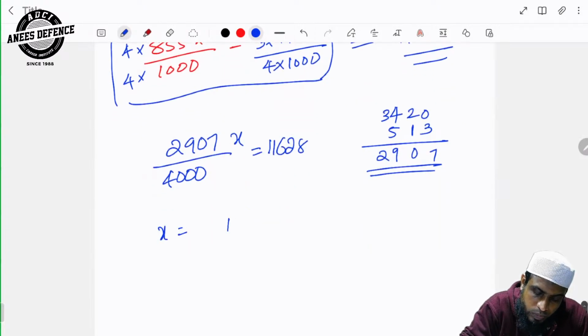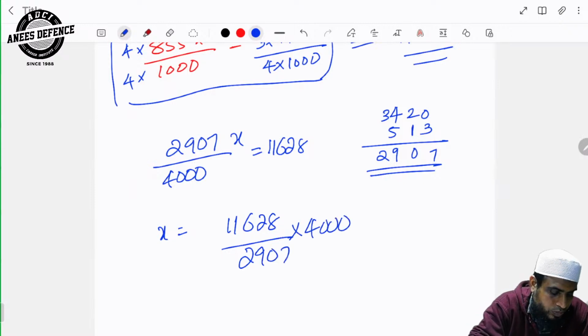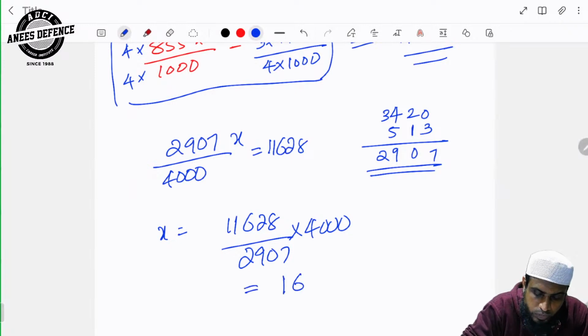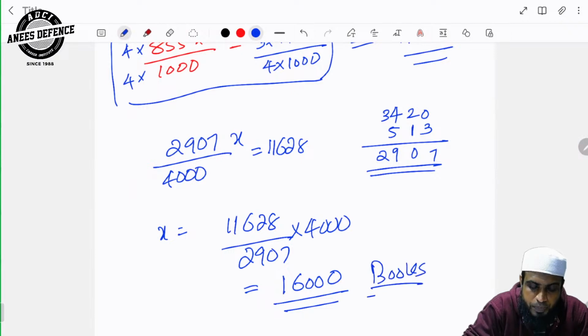So x is equal to this, which will be the total number of books.